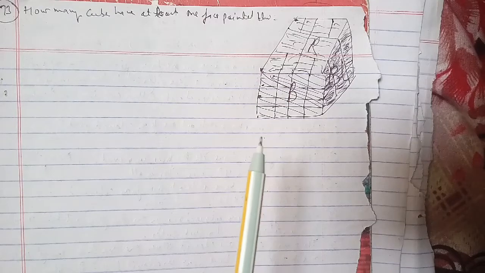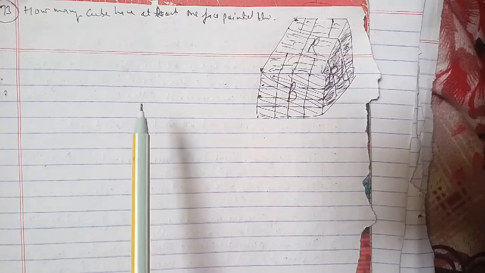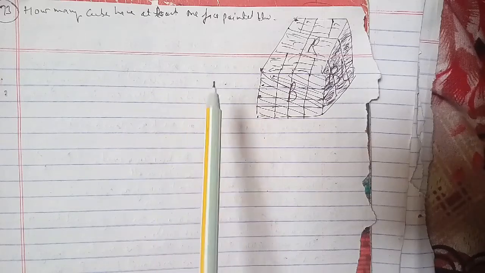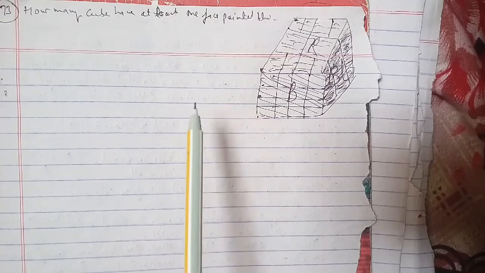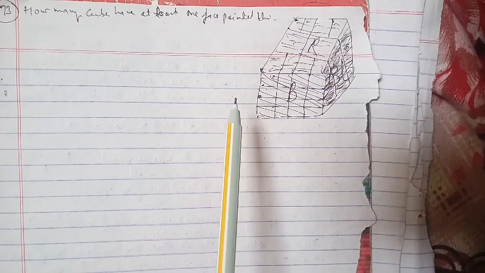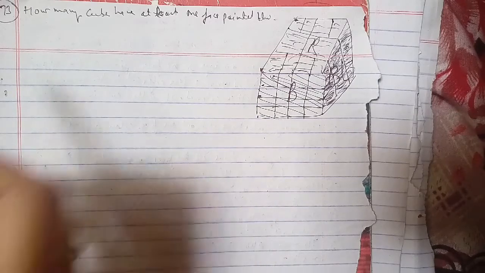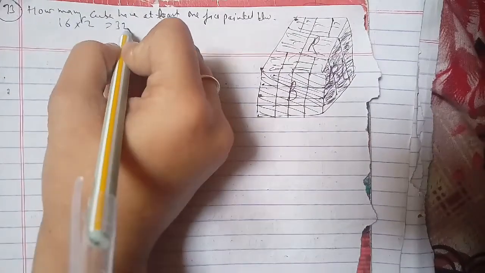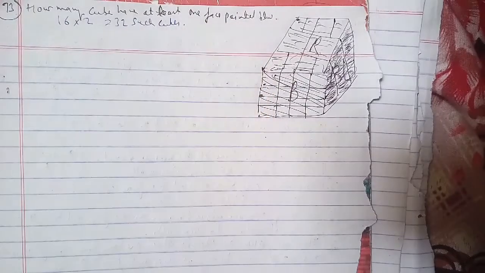With reference to the question, cubes having at least one face painted blue are those which lie along the two surfaces painted blue. Since each blue surface has 16 cubes, there are 16 into 2, which equals 32 such cubes as the answer.